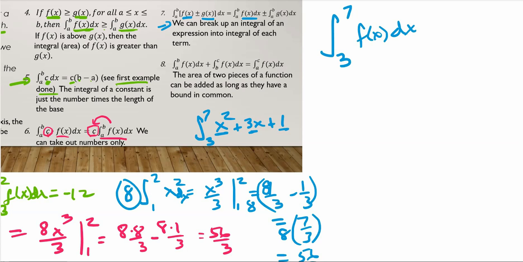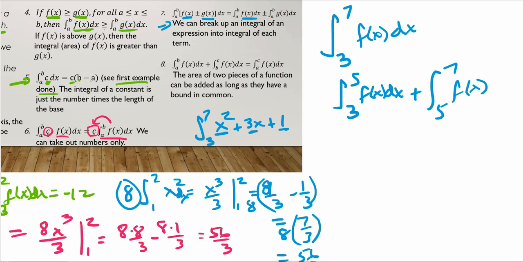So for example, I can say the integral from 3 to 5 of f of x dx plus the integral from 5 to 7 of f of x dx. So if I can break it apart, that means that I can put it back together again, and that's what this property says. Okay.